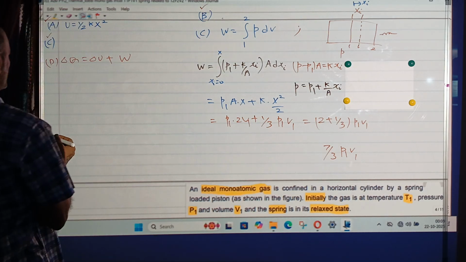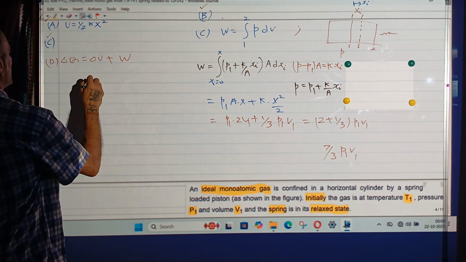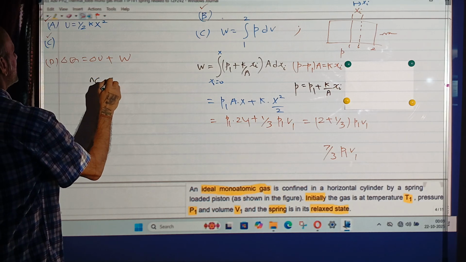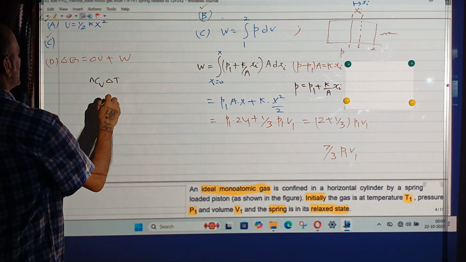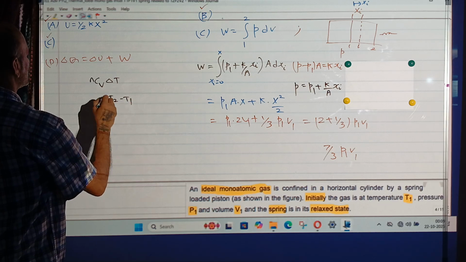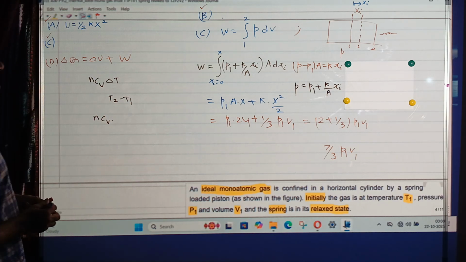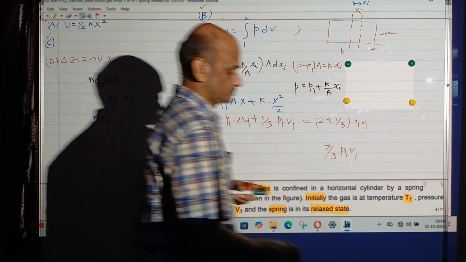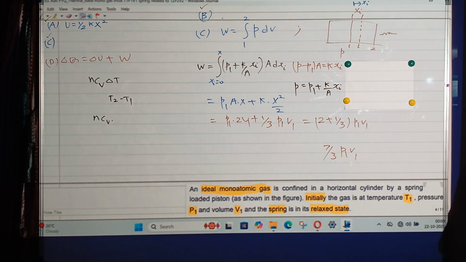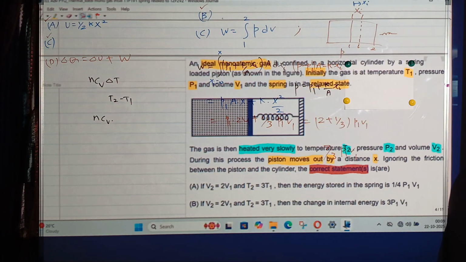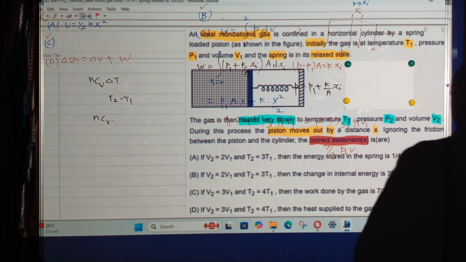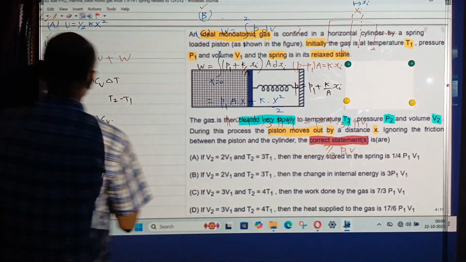You have to find this delta U, which is n Cv delta T, which is T2 minus T1. So n Cv, temperature has increased 4 times in option C and D. Temperature increased 4 times, so this is 4T1 minus T1, so it's 3T1.